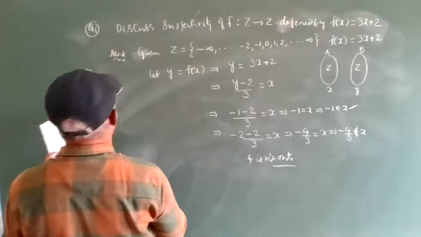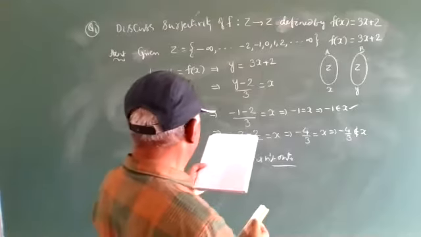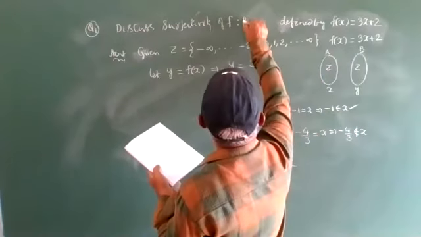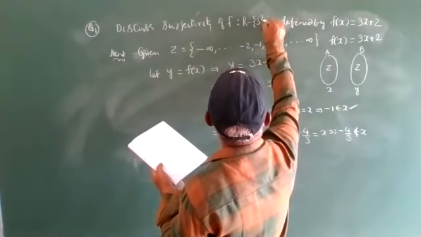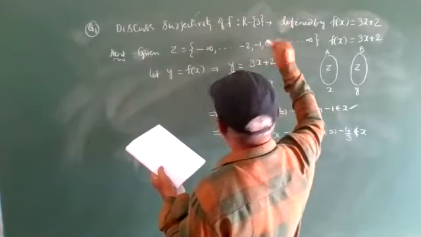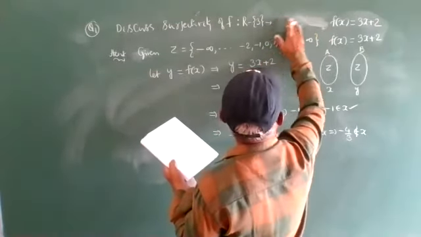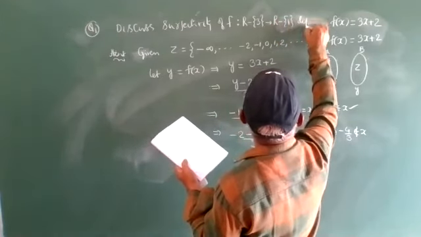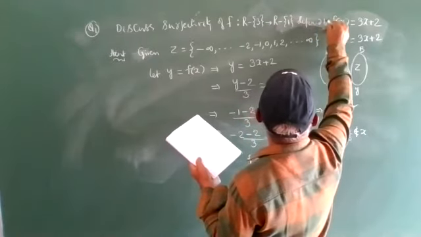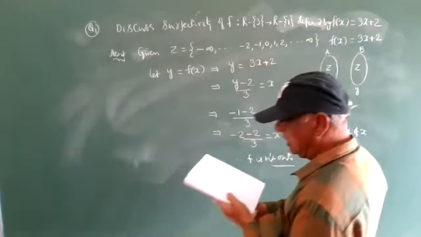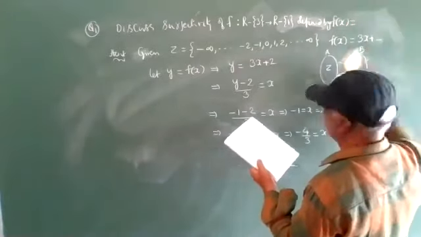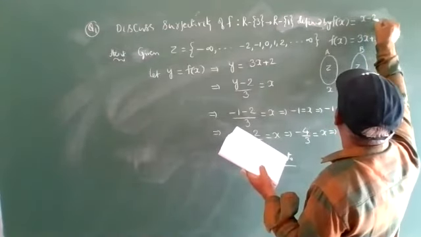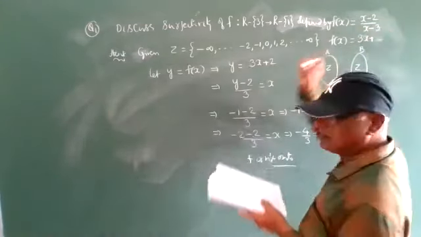Second problem. Discuss the surjectivity of f, a mapping from real numbers without 3, that is the A set is R minus 3, to R minus 1, all real numbers except 1, defined by f of x is equal to x minus 2 by x minus 3.